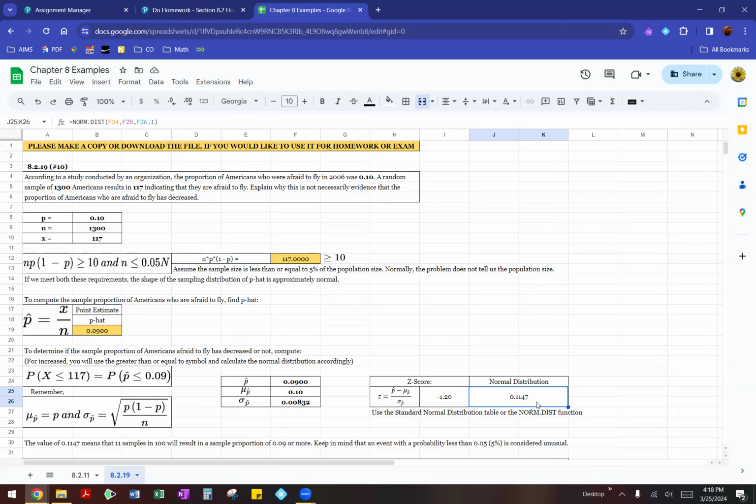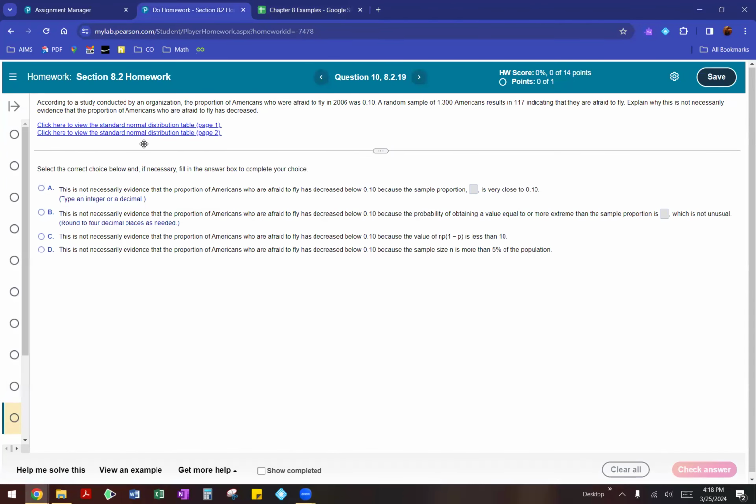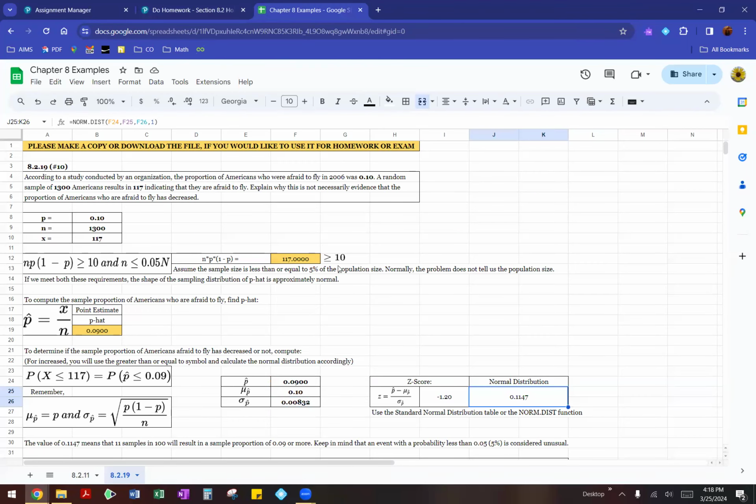And then using the standard normal distribution, or you can use the built-in function norm dot distribution, you can figure out what your area under the curve will be, right? And you can see here in the spreadsheet, I've actually used the norm dot distribution function to do the calculation for us. But like I said, you can use the normal distribution table also, which is actually given to you in the problem here in this question. So whatever you're comfortable with.